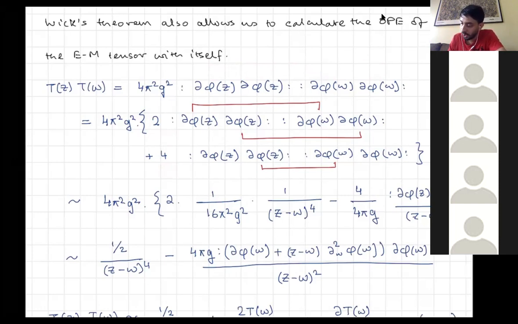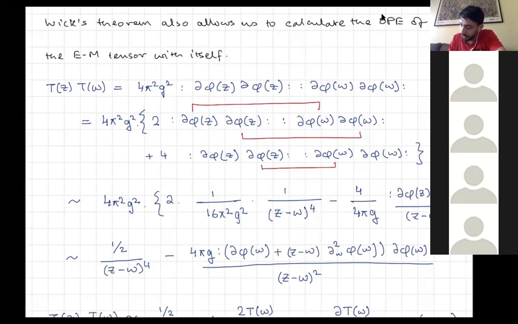As we saw, a del z with a del omega gives you a 1 over z minus omega squared. So you have 2 of these, and you're going to get a 1 over z minus omega whole to the 4th here. For this, you will not be left with anything here at all, because all of these are gone.